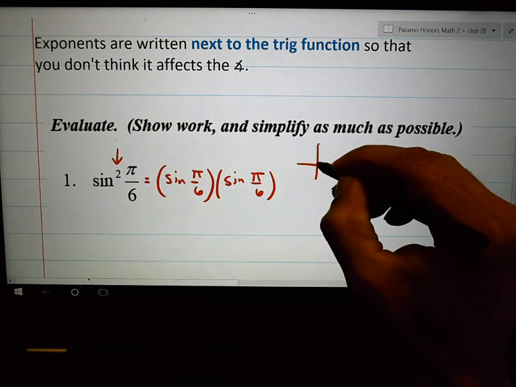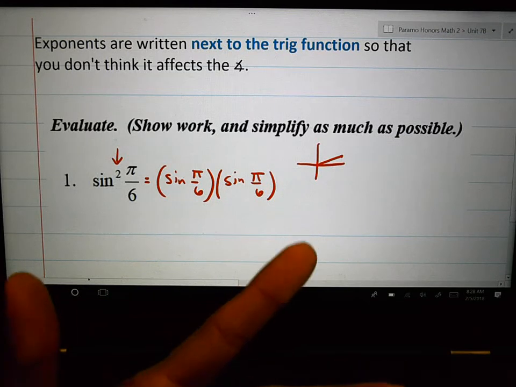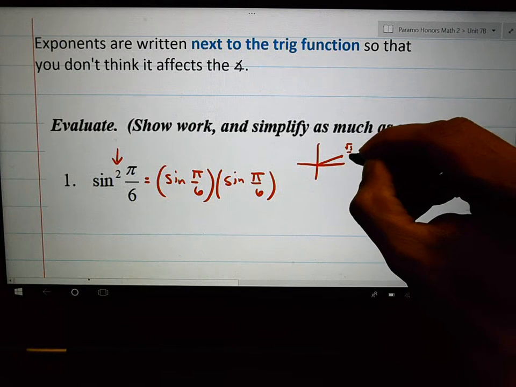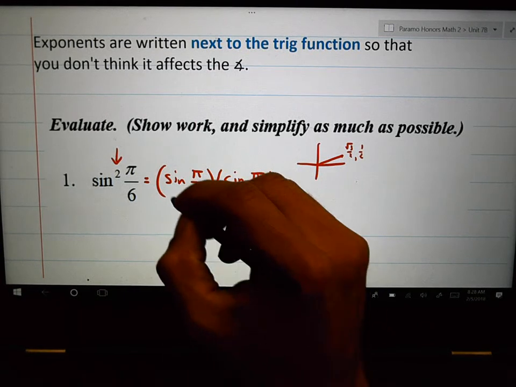First thing is I know pi over 6 is in quadrant 1. And I know what my ordered pair is. It goes like this, where it's root 3 over 2, comma 1 over 2. And I know that the sine is the y value of that coordinate in the unit circle. So the sine of pi over 6, if you know what the sine of pi over 6 is, then you replace it.